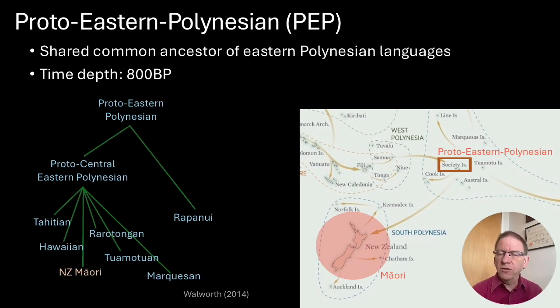Through this settlement of new island groups, Proto-Eastern Polynesian diversified into a dozen modern languages, including Te Reo Māori. This rapid dispersal and subsequent isolation of the different populations makes this language family an excellent case study of how languages develop over time.